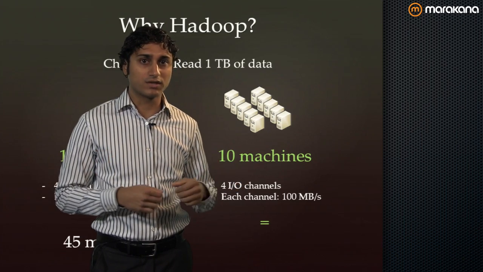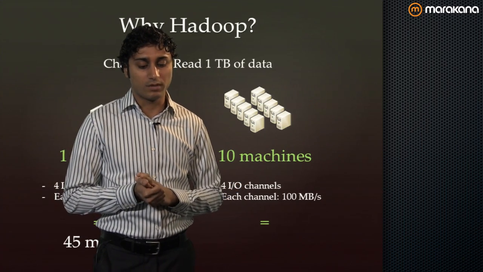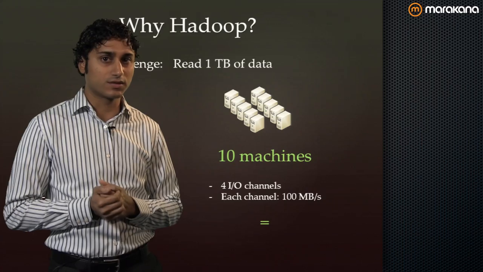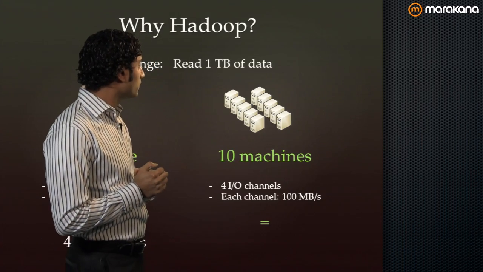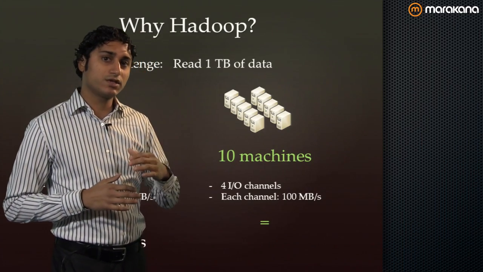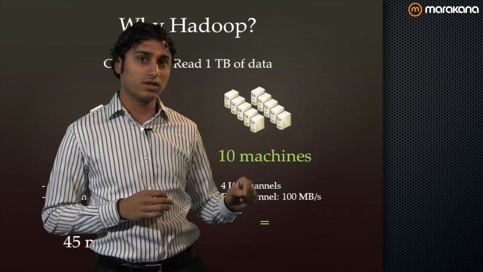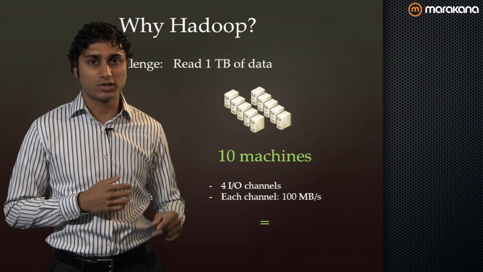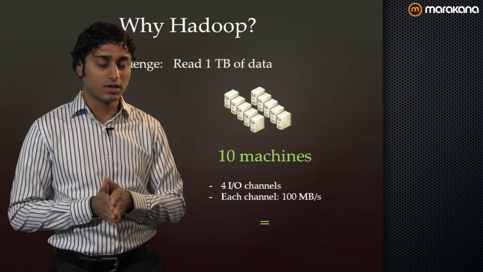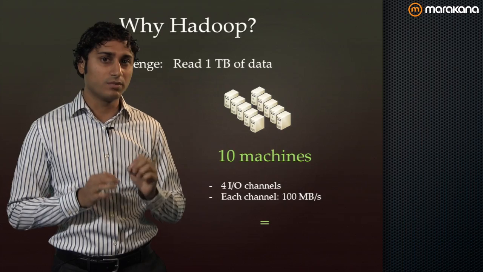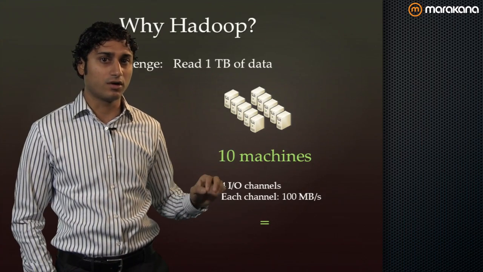for example, across a 10-node cluster with 10 worker machines. And you put 1/10 of a terabyte on each one of the machines. Furthermore, let's say that each machine also has 4 hard drives. So you're putting about 25 gigabytes of data on each one of the hard drives.